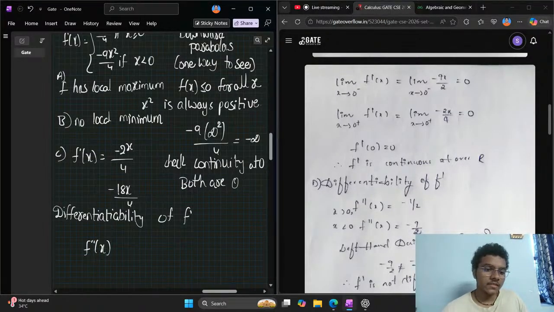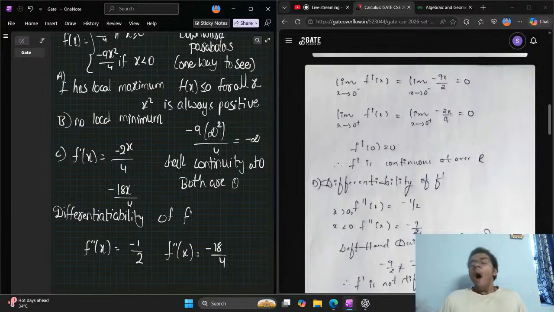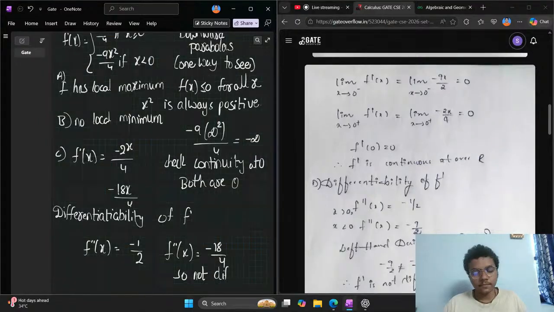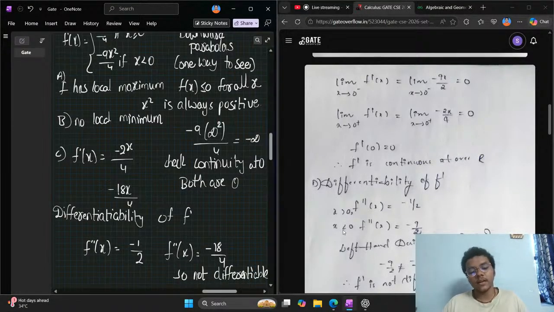F double dash of x is equal to... no. So not differentiable. The question asked for not differentiable. So A, C, D are true.